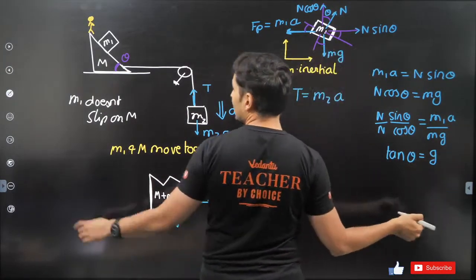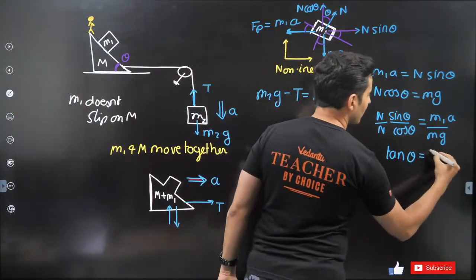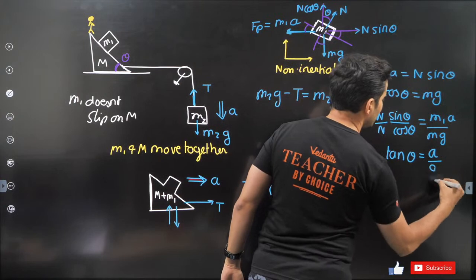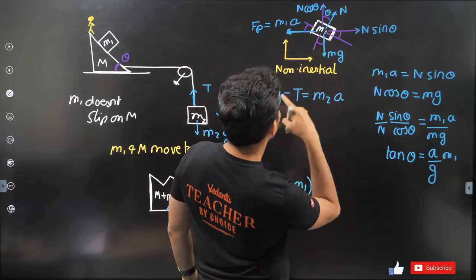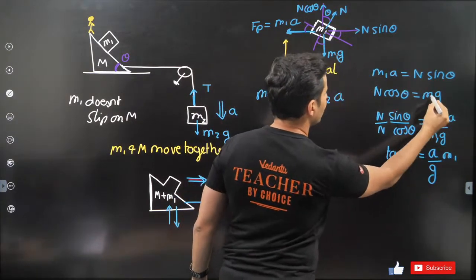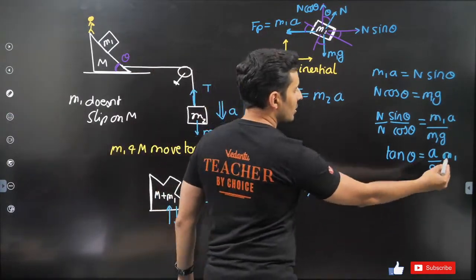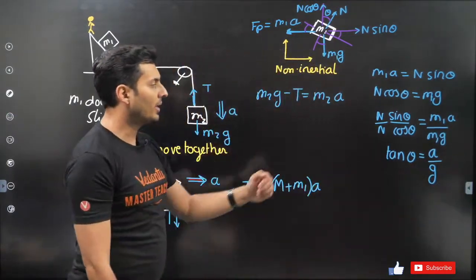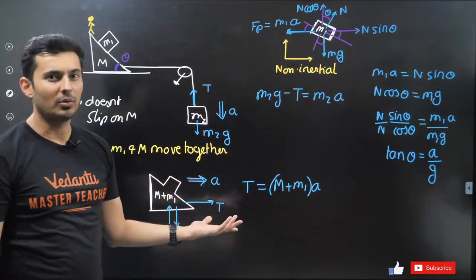So basically tan theta will be nothing but a by g, and you will have m1 over here, and this mg is also the same, so actually this is m1g only. So m1 also will cancel, my dear students. So I got tan theta is a by g, you can use these equations to solve the question.